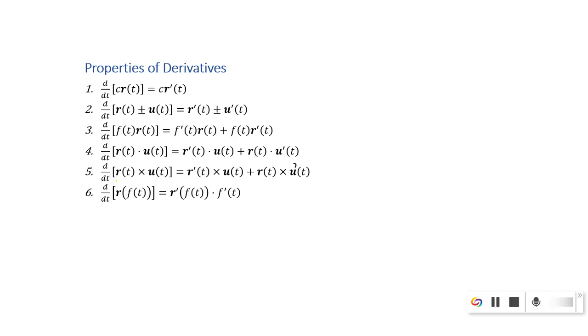So it's derivative of the first times the second plus the first times derivative of the second. And then finally, property number 6 is our chain rule. So if we want to take the derivative of a composition of functions, it's our outside times inside derivative.